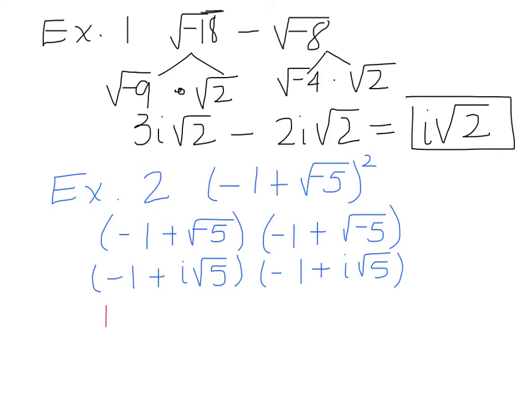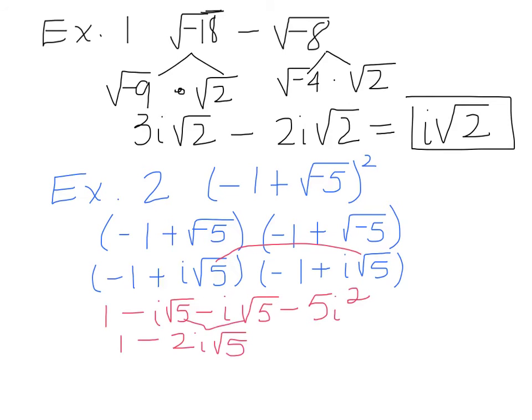So that'll be positive 1 minus i square root of 5 minus i square root of 5 minus 5i squared. Because anytime you multiply a square root by itself, the radical goes away. So that's 1 minus 2i radical 5.